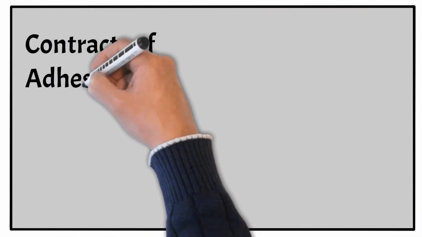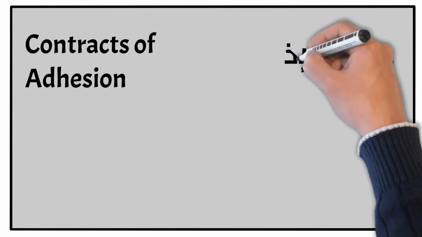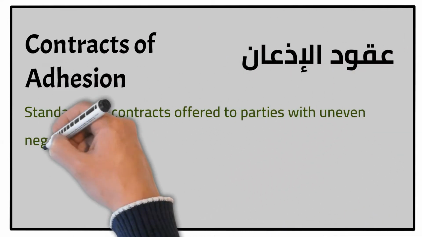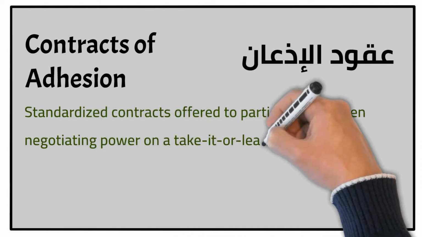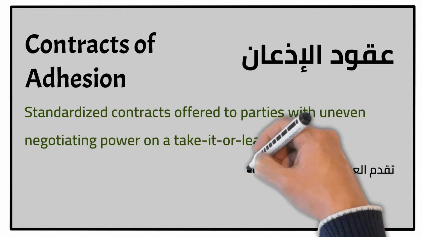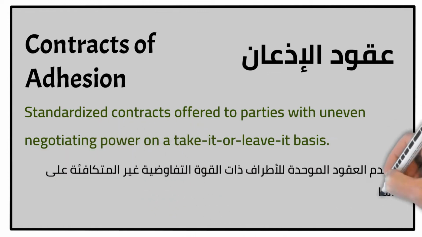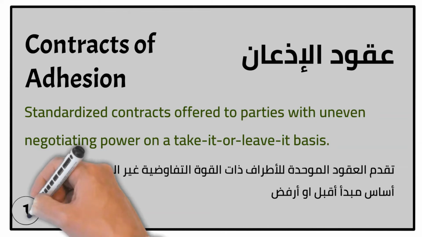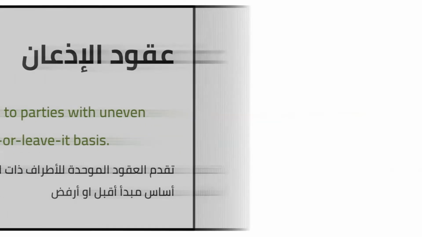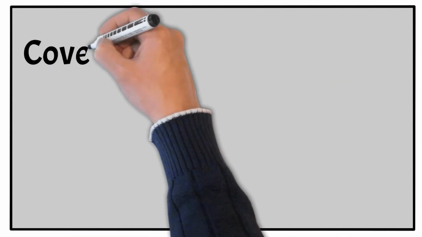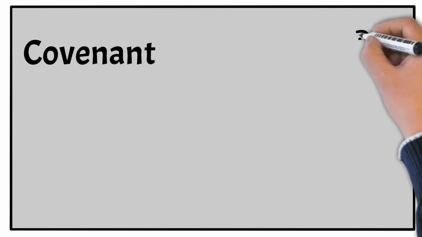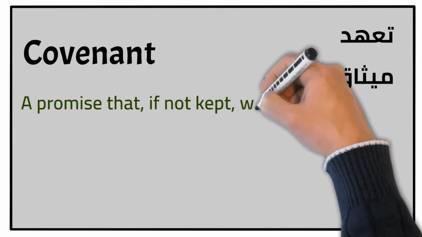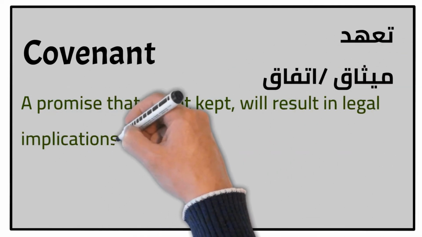Contracts of adhesion. This term means standardized contracts offered to parties with uneven negotiating power on a take-it-or-leave-it basis. Covenant. This term means a promise that, if not kept, will result in legal implications.